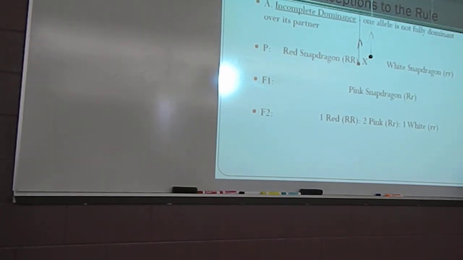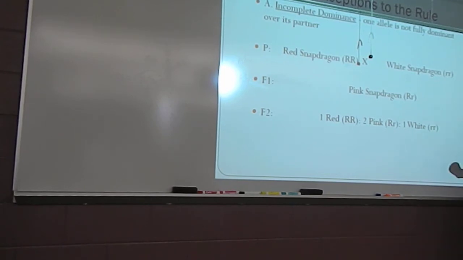That's sort of what we thought the mindset was before Mendel got into the act, how traits were passed on from generation to generation. Incomplete dominance is sort of like this mixing thing, okay?